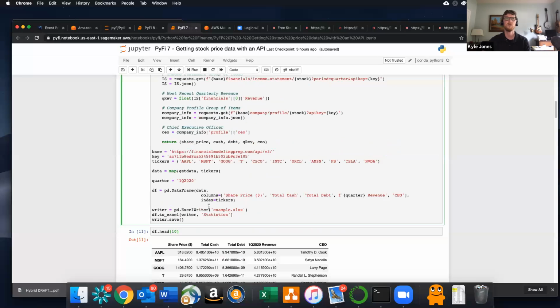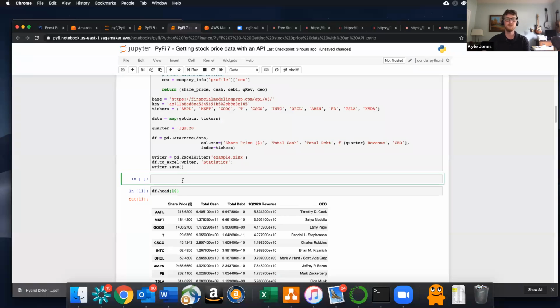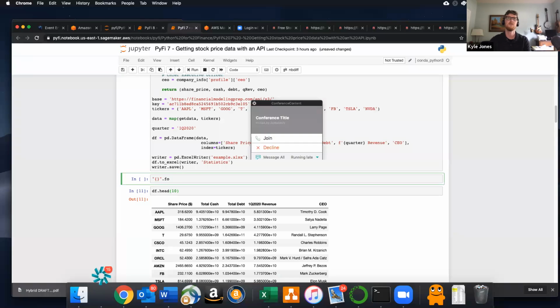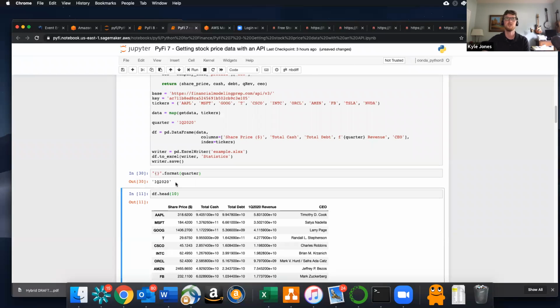The other way of doing it, the way that I do it, which you'll see most often, is to have curly brackets and then dot format. And then we would put the variable here. So that's the structure. If we have a lot of them, then we can do things like say this one is A, and then here we would say A equals quarter, B equals, C equals.